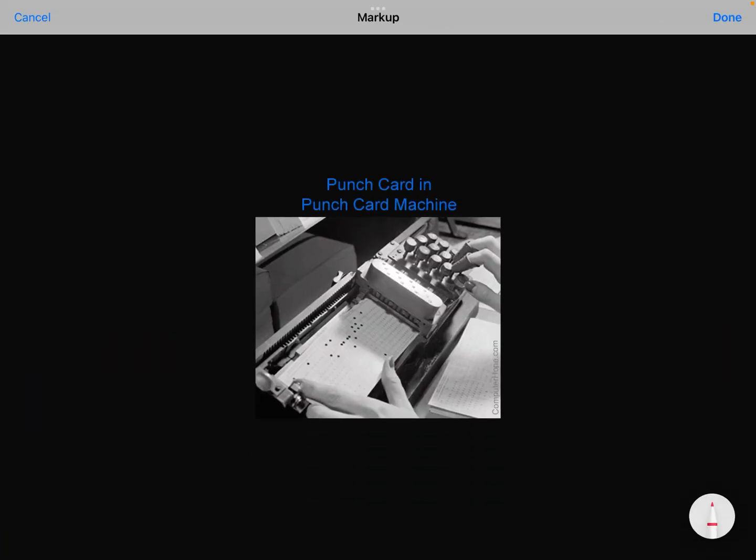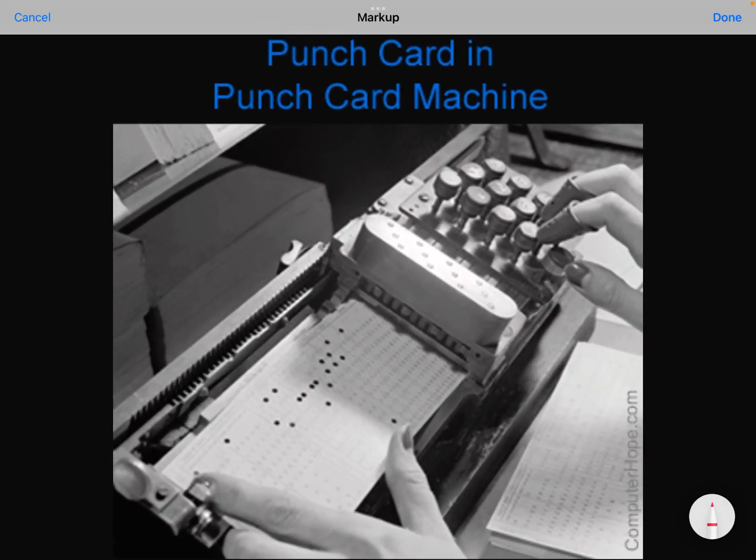These are the keys, and they say maybe 1, 2, 3, or ABC. When you punch them with your fingers, it punches holes in a paper and gives you all these different kinds of patterns. So this could mean 1, this could mean 3, and this dot alone could mean 0. This is how the machine wrote information on a piece of paper.